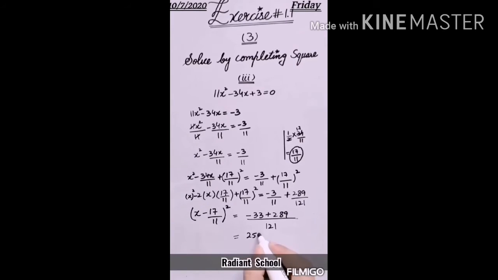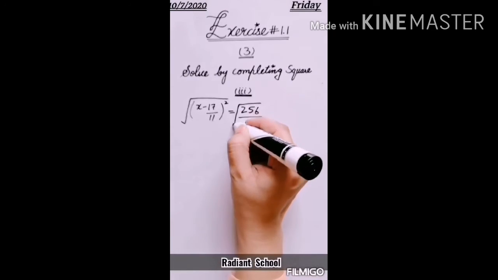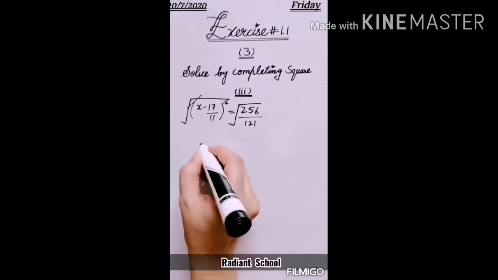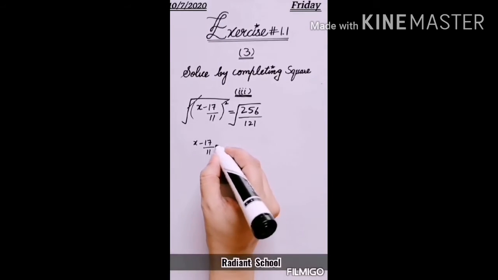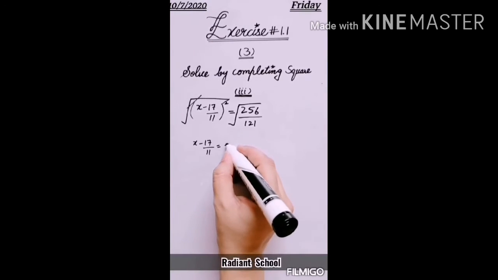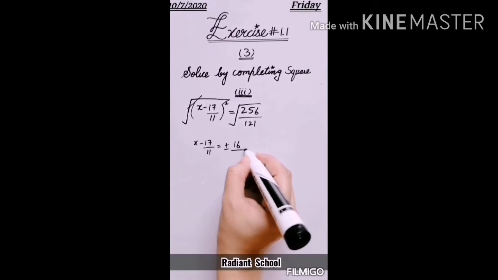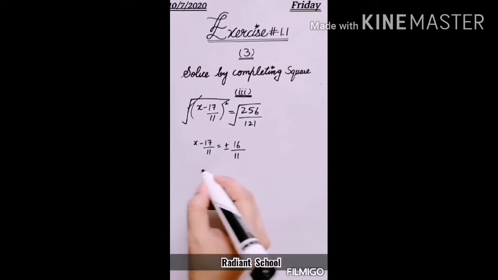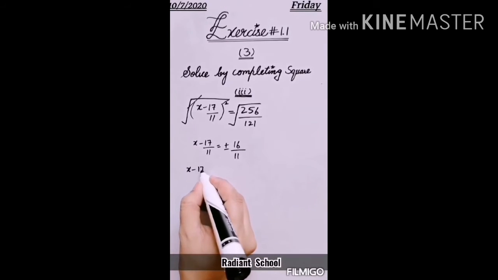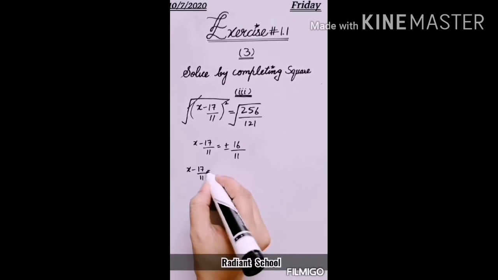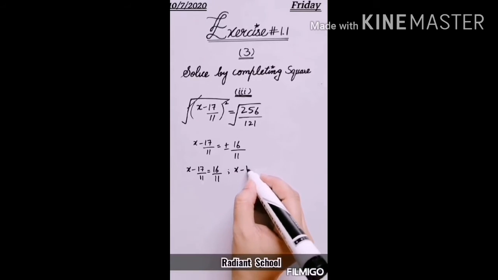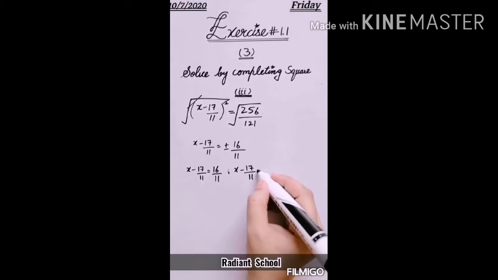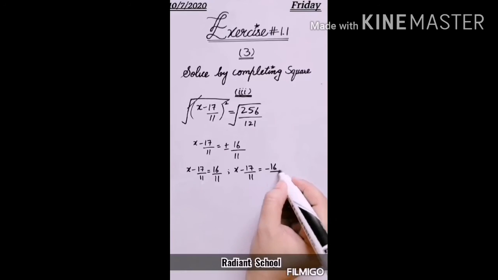256 divided by 121. Take the square root on both sides. Square root and square will be cancelled. X minus 17 over 11 will be left, is equal to the under root of 256, which is 16, and the under root of 121, which is 11. Okay students, now you will write once with plus 16 over 11, once you will write with minus 16 over 11.